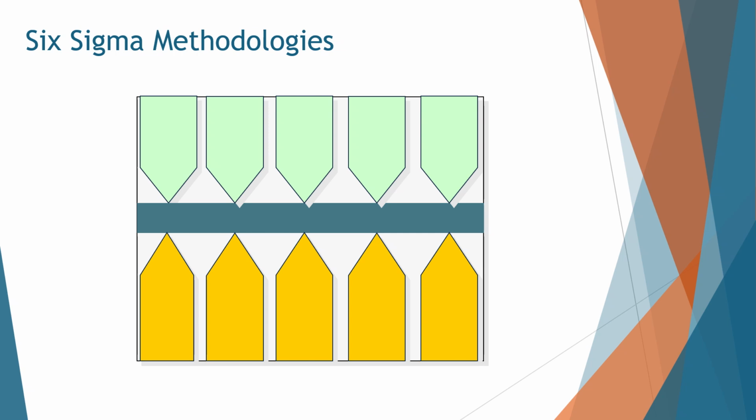Let's look at the two Six Sigma methodologies. First, there is define, measure, analyze, improve, and control. This is the methodology used in Lean Six Sigma, known as DMAIC.